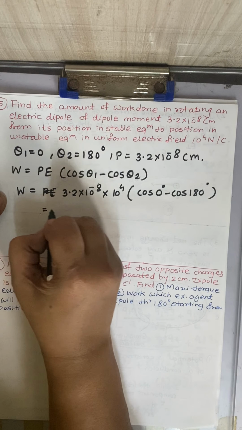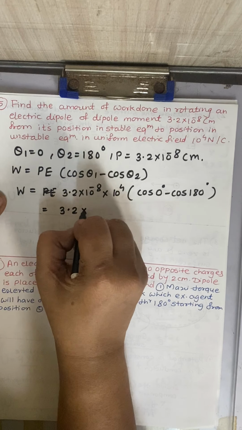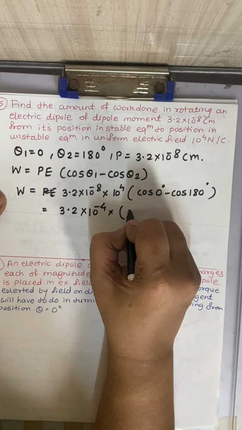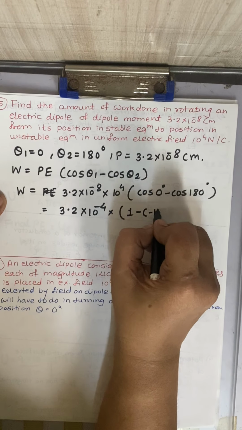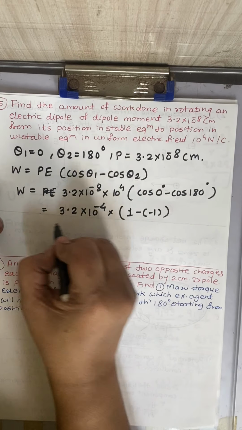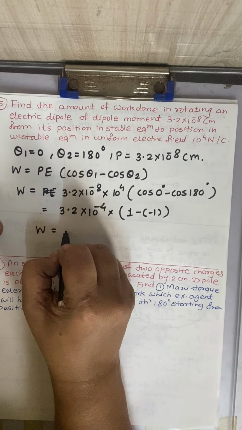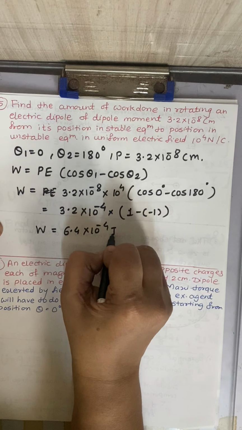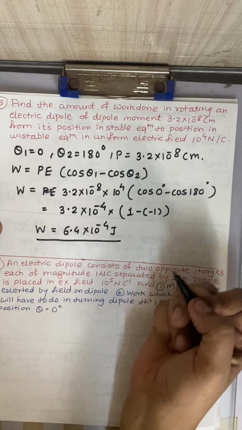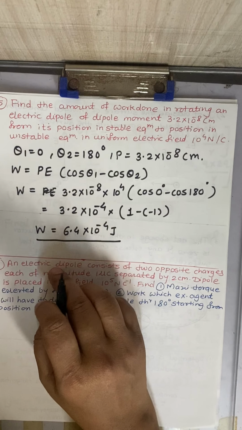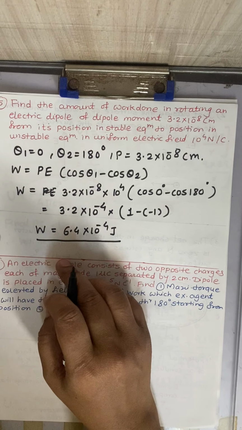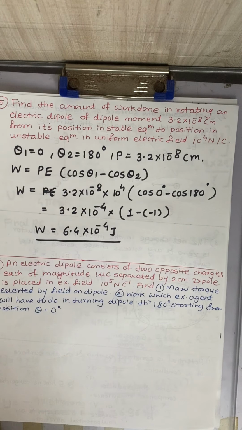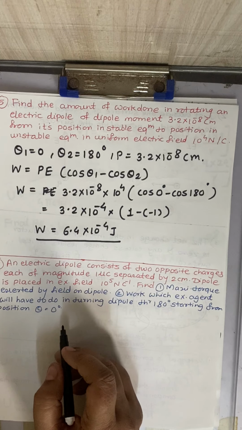Therefore it is 3.2 into 10 raised to minus 4 into, cos 0 is 1 and minus of minus 1, that is 2. So W is equal to 6.4 into 10 raised to minus 4 joule. This is the work done in rotating the electric dipole from stable equilibrium to unstable equilibrium.